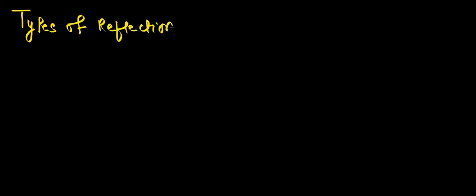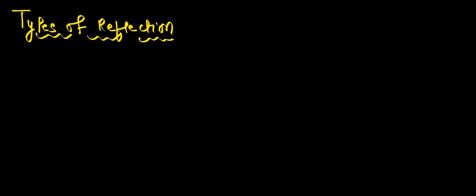Now we'll see the next concepts. Yesterday, are you clear with what is reflection? Yes, ma'am. Okay, now we'll see types of reflection. Do you have any idea about the types of reflection? Regular reflection and irregular. What happens in regular and what happens in irregular?